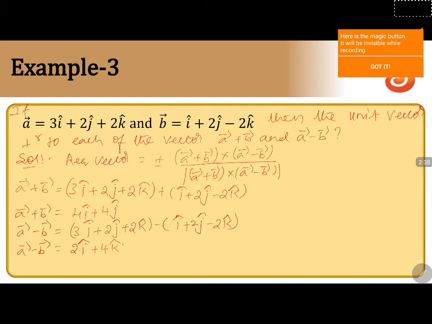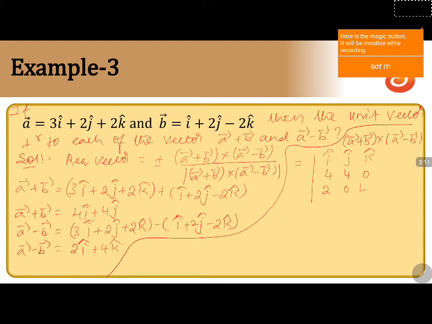Now first we will calculate the cross product between A plus B and A minus B. The very first step is A vector plus B vector cross A vector minus B vector equals the determinant. First we will write i, j, k. The second row 4, 4, 0 comes from A plus B, while the third row comes from A minus B, that is 2, 0, 4. Now we will calculate the determinant.